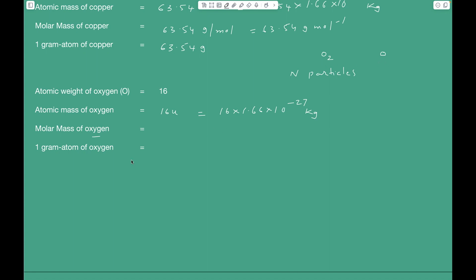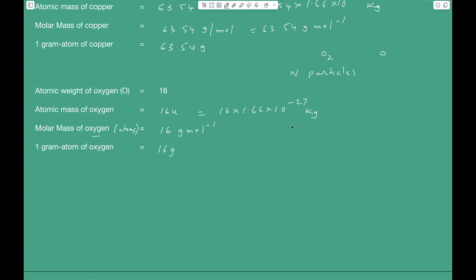To avoid that confusion, we have to clearly say the molar mass of oxygen when it is composed of atoms or molecules. So the molar mass of oxygen atoms would be its atomic weight, that is 16, in grams per mole. So the molar mass of oxygen atoms is 16 grams per mole. Then what is 1 gram atom of oxygen, or 1 gram atomic weight of oxygen? It is simply 16 grams of oxygen.